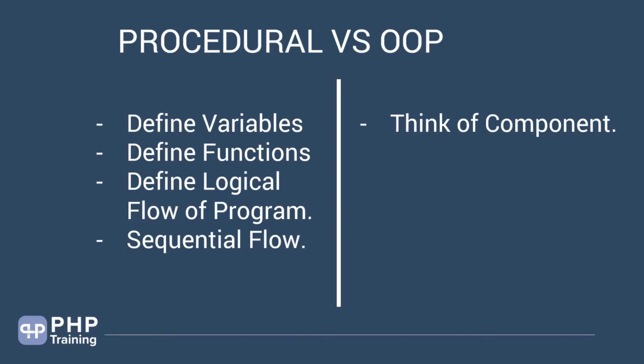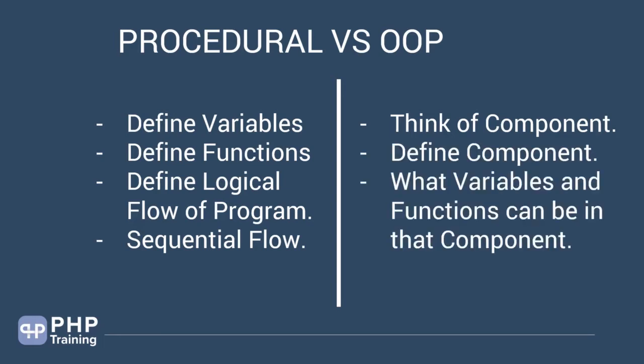We are converting a program into something called an object, and we're thinking about what this object could be related to. That's the thinking of a component, and then we define that component. It could be a car, cat, dog, database, file operations, string operations, it could be an API, whatever it is, but what variables and functions could be in that component, right?